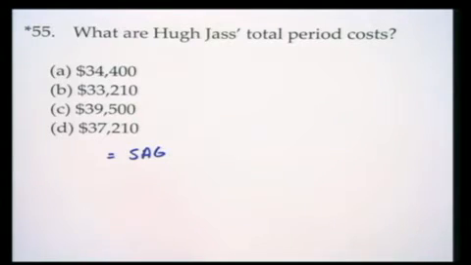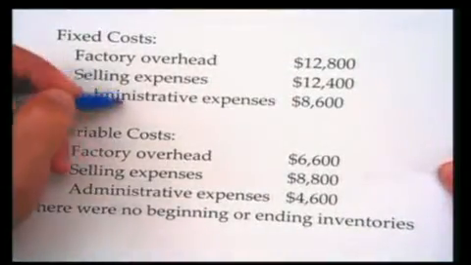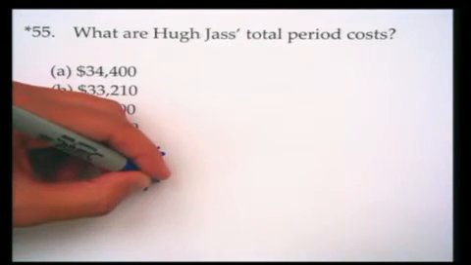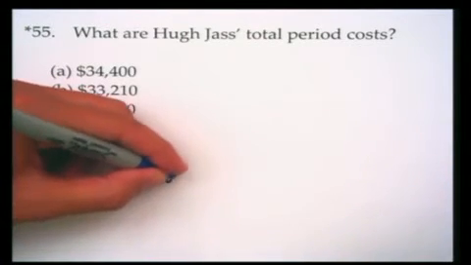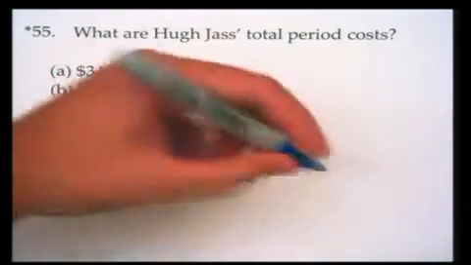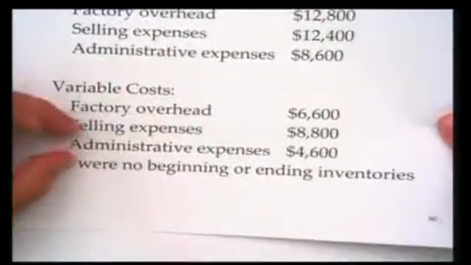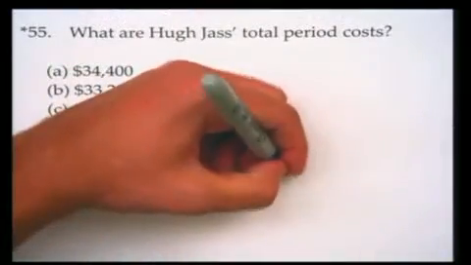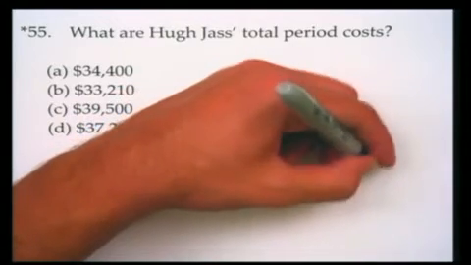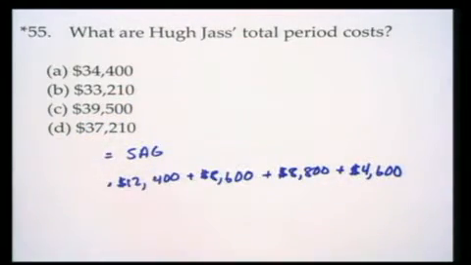So again, our SAG, guys, is going to be what? Well, let's see. Just go through it. We have selling and administrative expenses here, so we're going to say this is going to be $12,400 plus $8,600. Plus, let's go down to variable selling administrative, $8,800 plus $4,600.